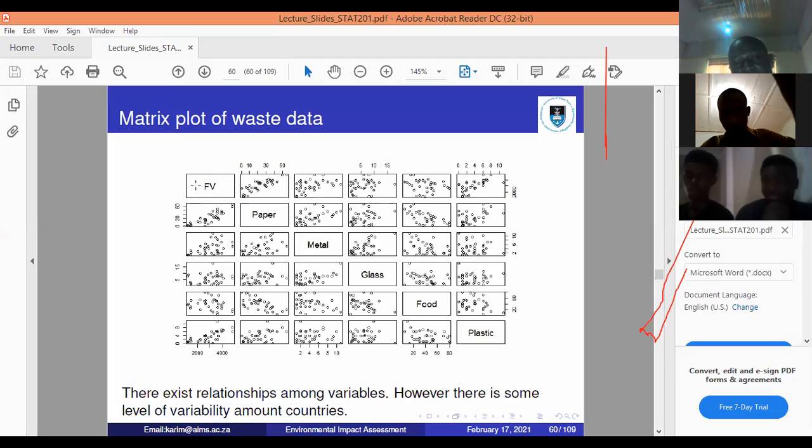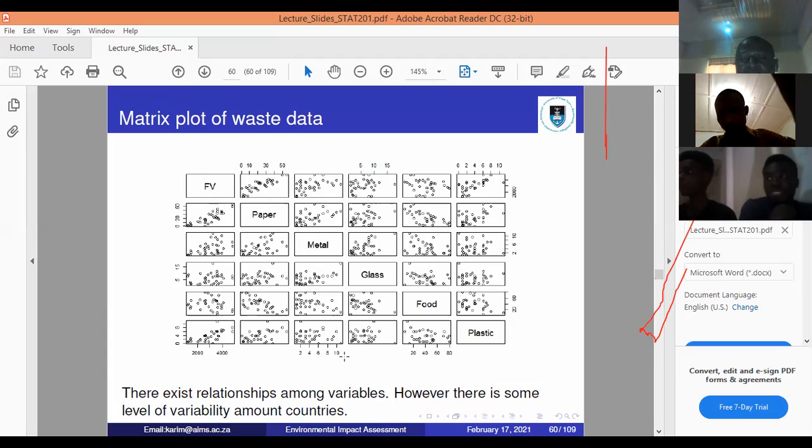So we have our fuel value here, and we compare that with the metal, and we have some kind of quadratic relationship, where it was increasing and all of a sudden it begins to decrease again. So we shall look at how these variables affect the fuel value.